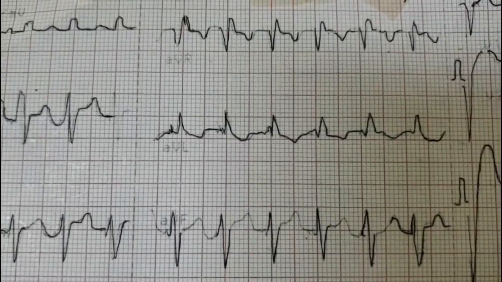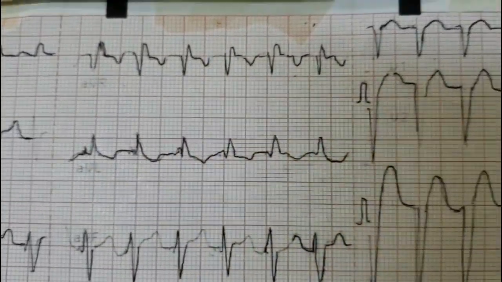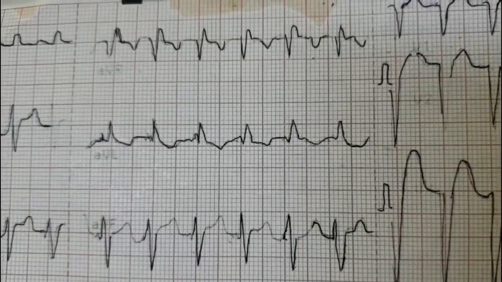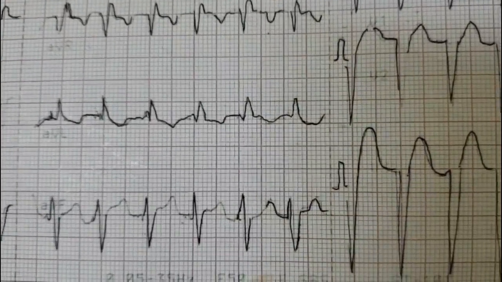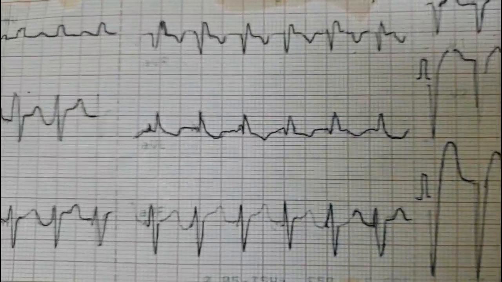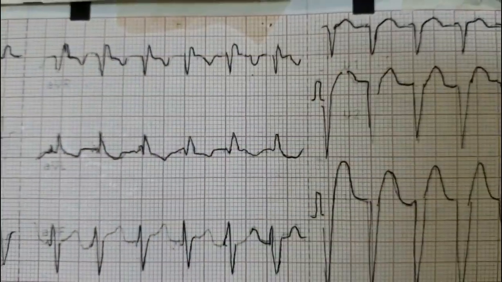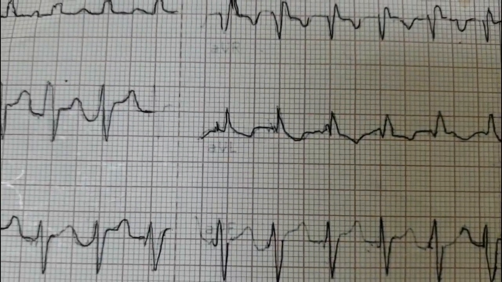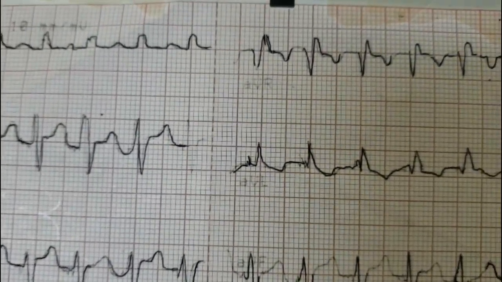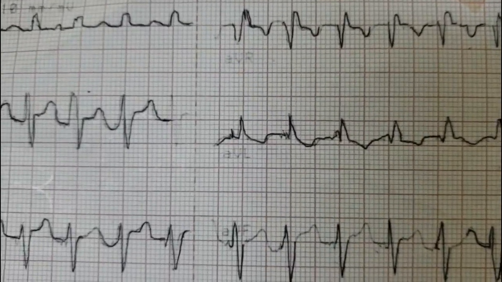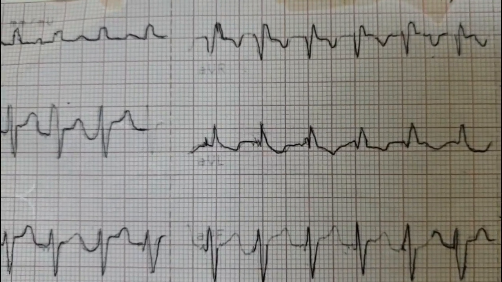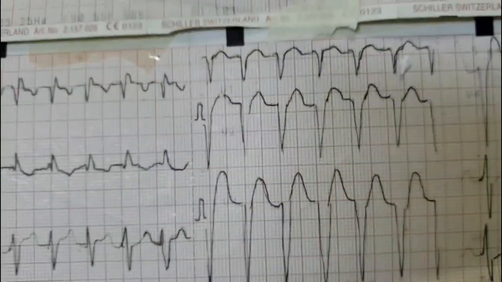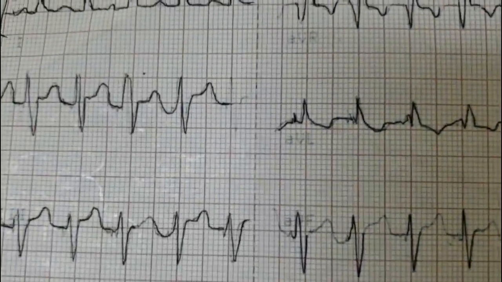The bundle branch block reentrant VTAC is hard to differentiate from other types of VTACs, and from the supraventricular tachycardia with abnormal bundle branch block, because there is no change in axis and the QRS complex is similar to other VTACs, and because it is initiated near the conduction system, the QRS complex remains narrower, less wide than the intramyocardial ventricular tachycardia, but it is not responding to usual medication used in the treatment of supraventricular tachycardia.